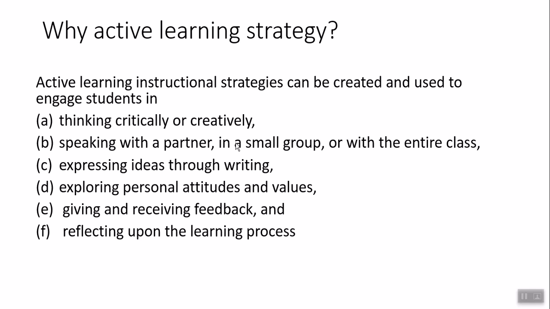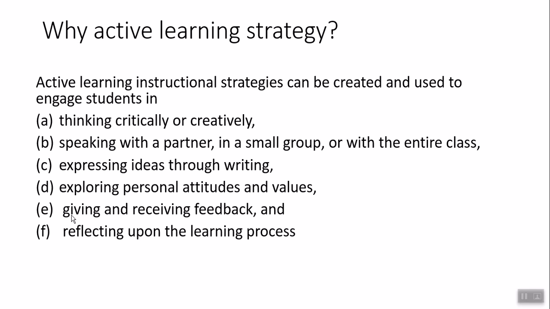The active learning strategy also encourages the students to express ideas through writing. So there should be some components of writing, and there should also be a component where they express their attitudes, so we are able to judge their attitudes. There should also be a place where they can express their values, and then we should be able to make out their attitudes.